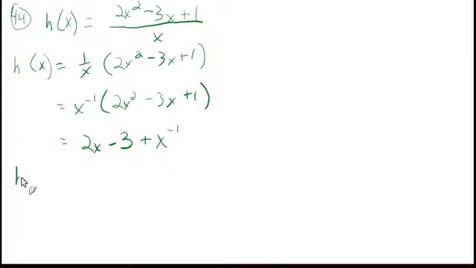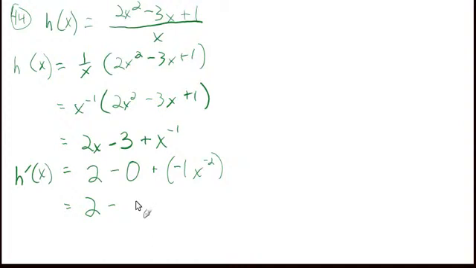So now if I wanted to take the derivative, h prime, okay, the derivative of 2x, the 2 comes out, the derivative of x is 1, and so 2 times 1 would be 2, minus, the derivative of a constant is just 0, plus the derivative of this, where negative 1 comes down, becomes the coefficient, times x to the negative 2, and so 2 minus a negative x to the negative 2 equals 2 plus 1 over x squared.